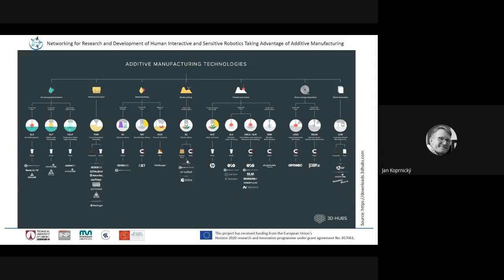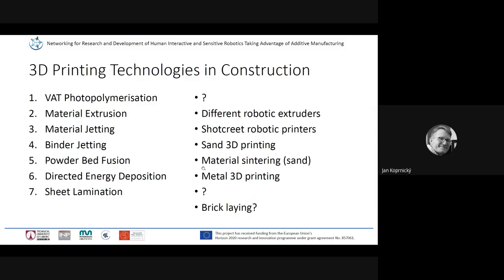The products from these printers could also be used in construction, but try to take a look at these problems from a large scale, so to print whole houses directly. And from this point of view, we can find examples of projects from the world that use this special kind of 3D printing technology.